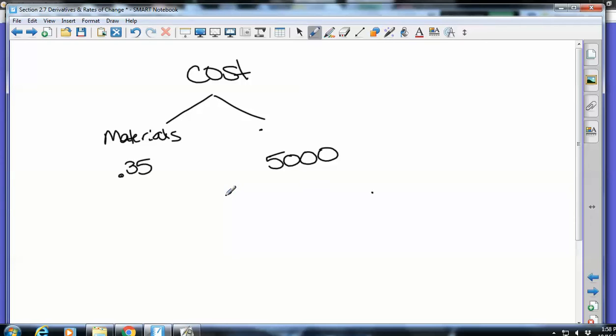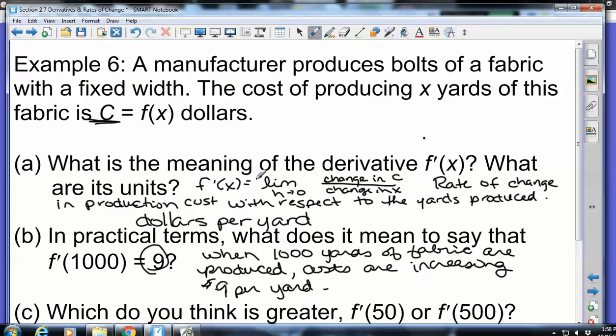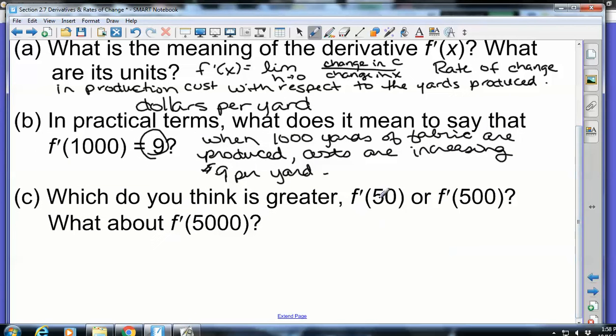So at that point, it's still costing me quite a bit per cinnamon roll. Now if I make 1,000 cinnamon rolls, I've split this 5,000 up over a lot of different cinnamon rolls. So is it costing me as much per cinnamon roll at that point? No.